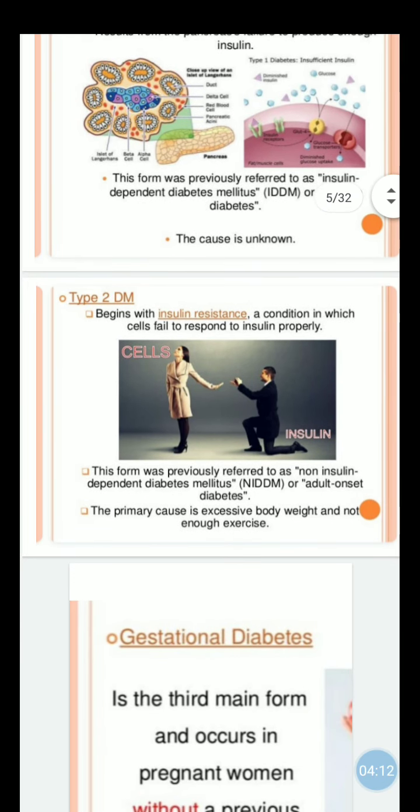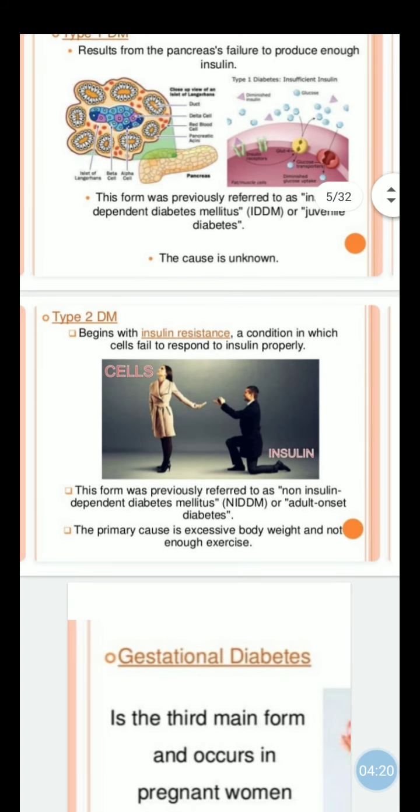Then second, that is type 2. This type 2 starts with insulin resistance. It is a condition in which cells fail to respond to insulin properly.